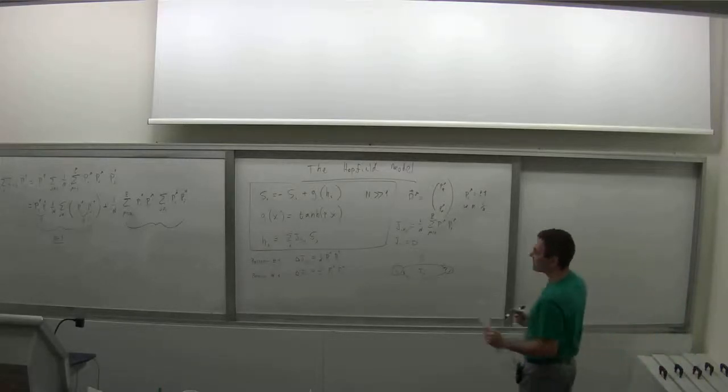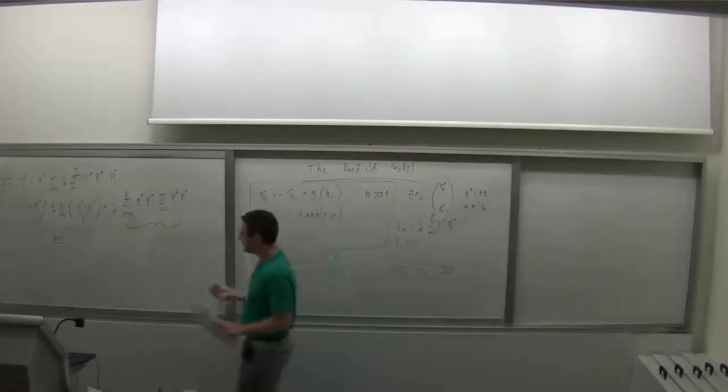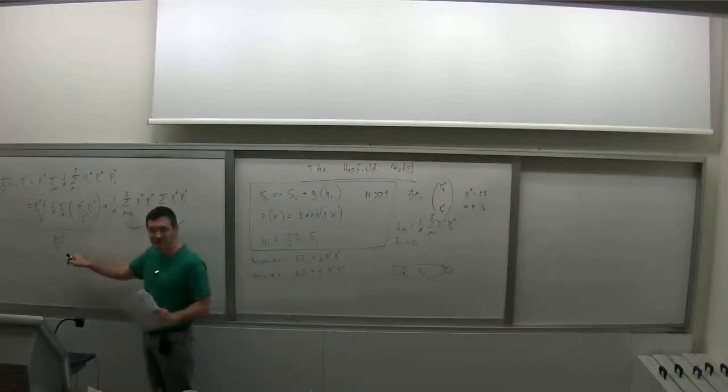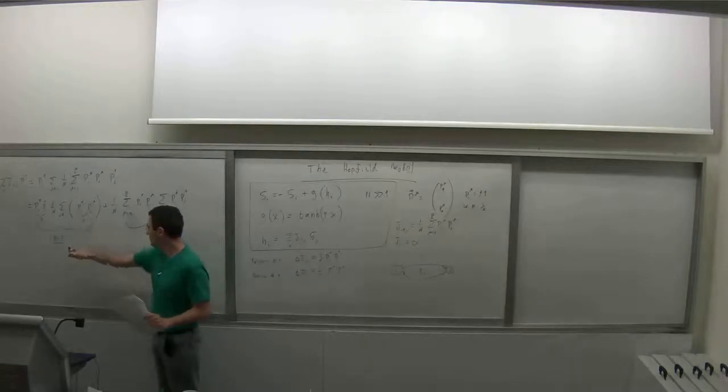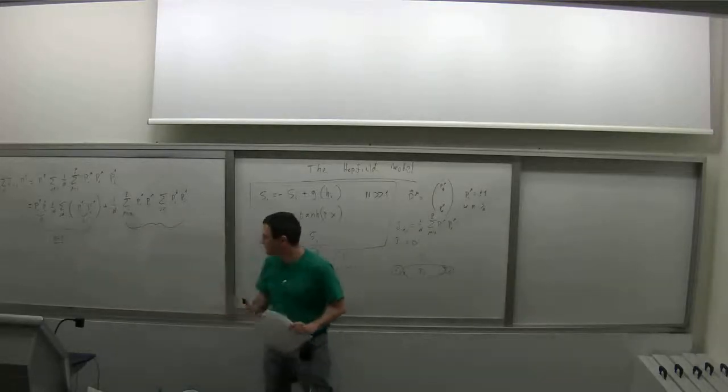Okay, so we assume that the number of elements is large. N is large. So this term, n minus 1 times p minus 1, would be large.